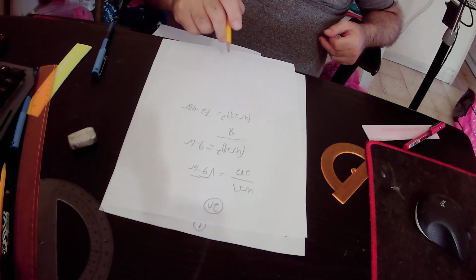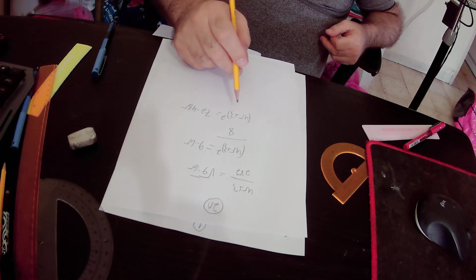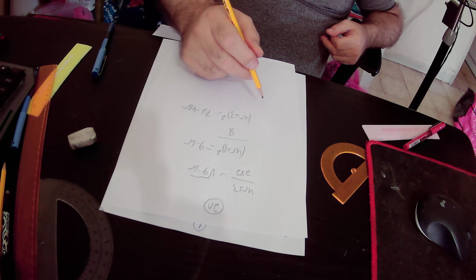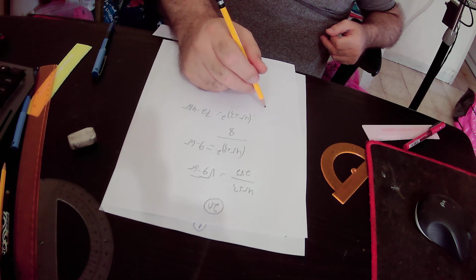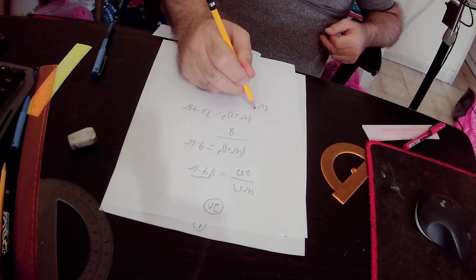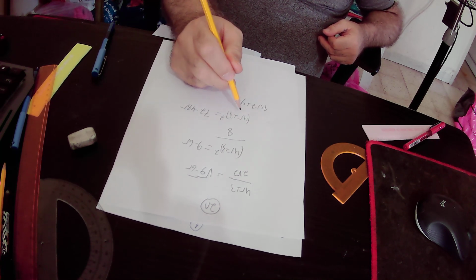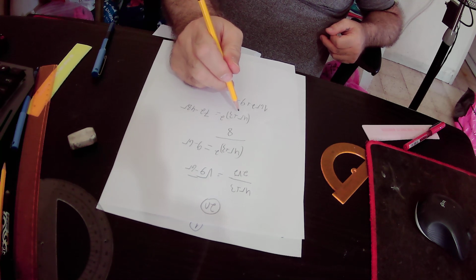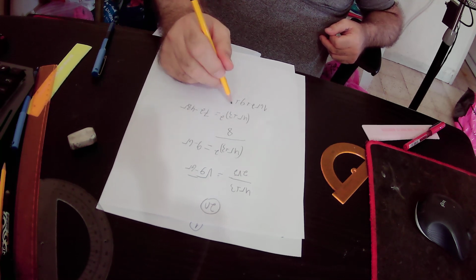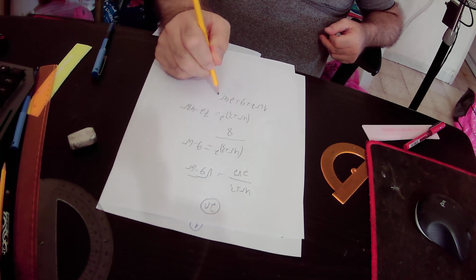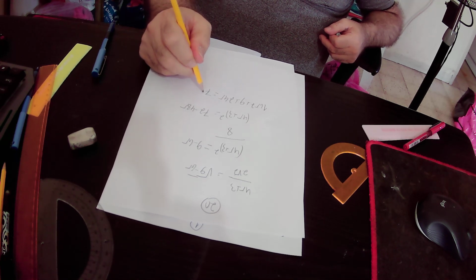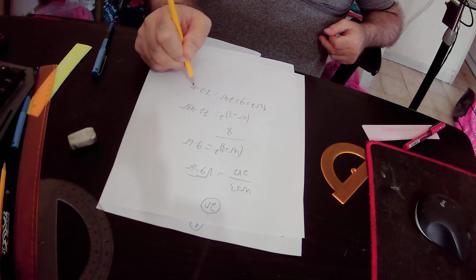Here we will open the brackets on this side of the equation. 4r plus 3 squared is 16r squared plus 9 plus 4r times 3 is 12r, and 12r times 2 is 24r, equals 72 minus 48r.